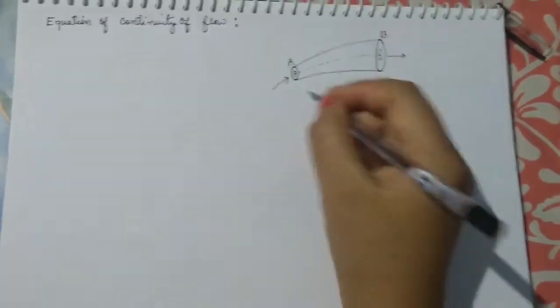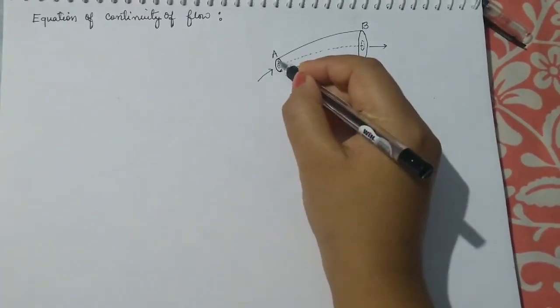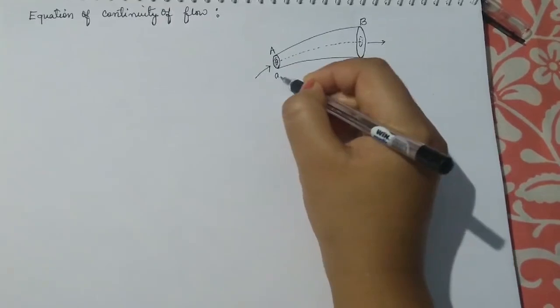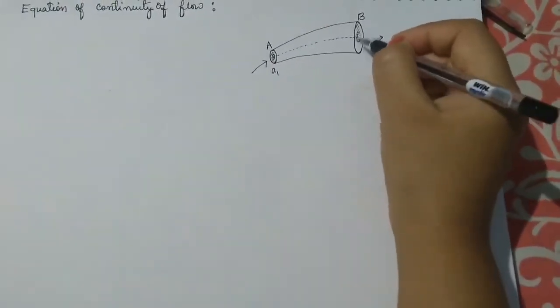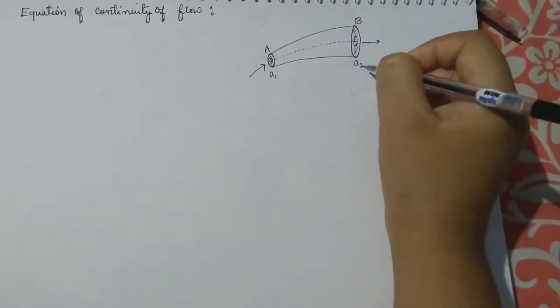I will consider that the whole cross section here is A1 and the whole cross section here is A2.